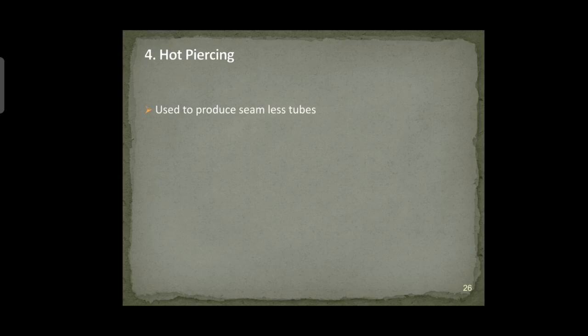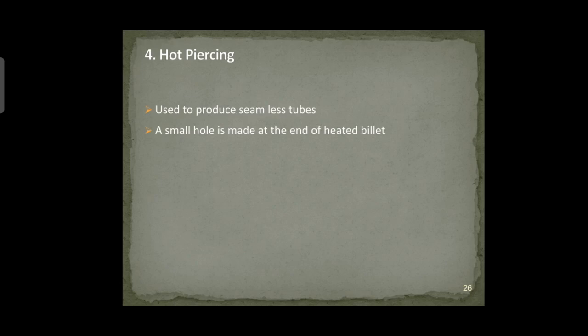Next one is hot piercing. This is used for producing seamless tubes. Seamless tubes means that some tubes require a joining process, whereas in this it doesn't require. So long-length seamless tubes, some hollow-type sections, can be produced.